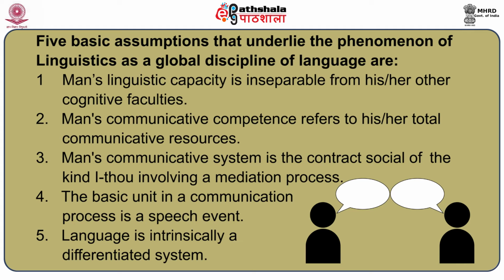Three, man's communicative system is the social contract of the kind I-thou, involving a mediation process. Four, the basic unit of communication process is a speech event and not a sentence. Five, language is intrinsically a differentiated system. It is not a homogeneous system. It is a heterogeneous system.